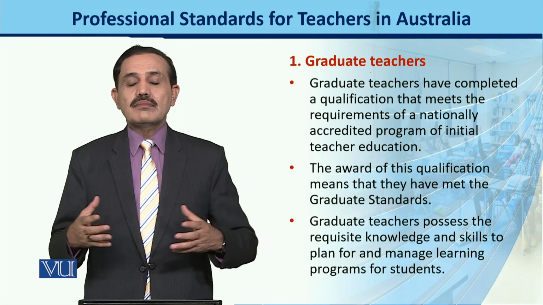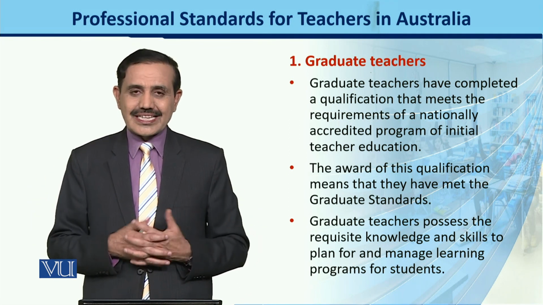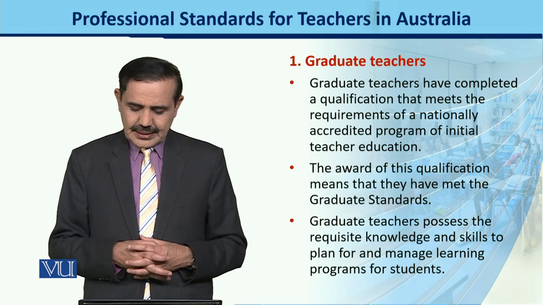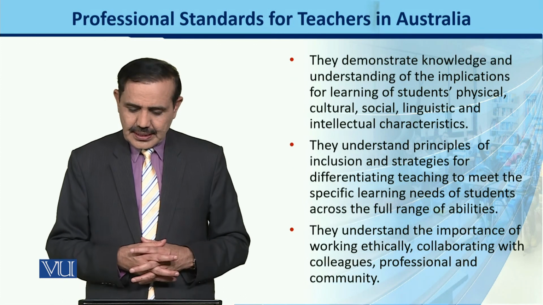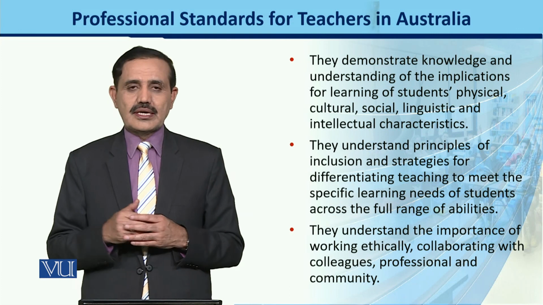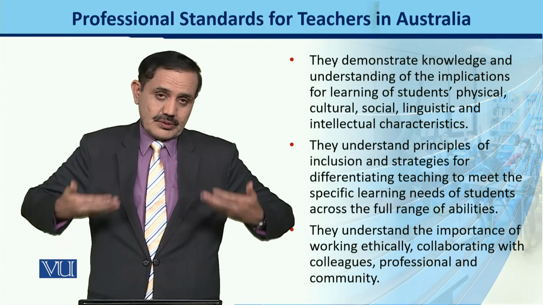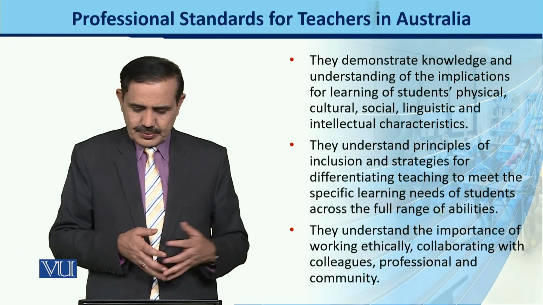He should have the basic qualification of teaching, the requisite knowledge and skills to plan for and manage learning programs for the students, and demonstrate through his competencies that I know this, I can manage this, I can plan this.